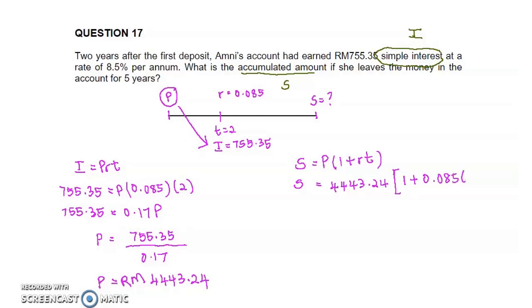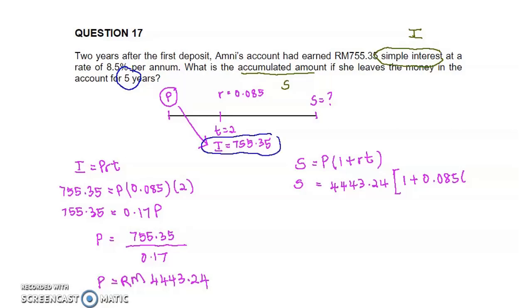Now look at value T. Here it says, what is the accumulated amount if she leaves the money in the account for 5 years? P just now was 4443.24. If you leave it for 2 years, you will get this amount of interest.